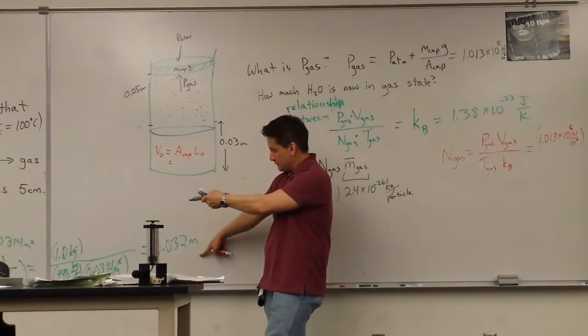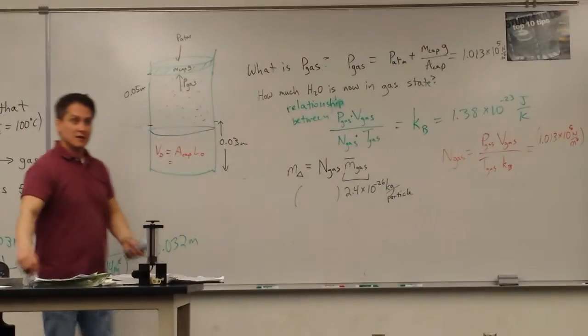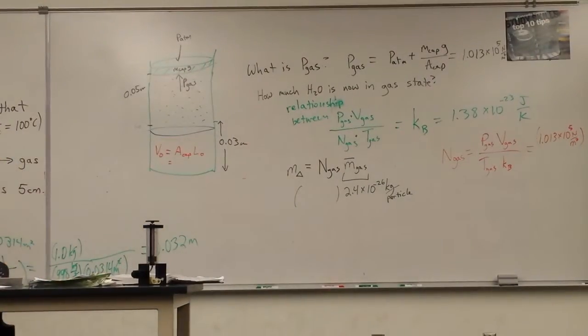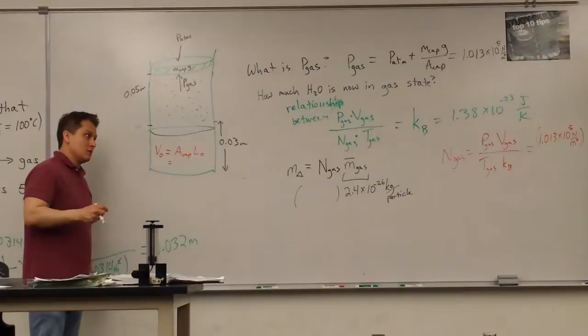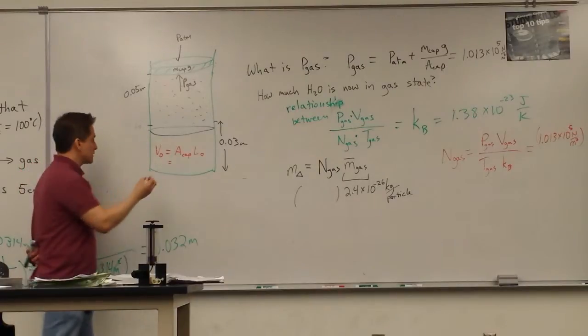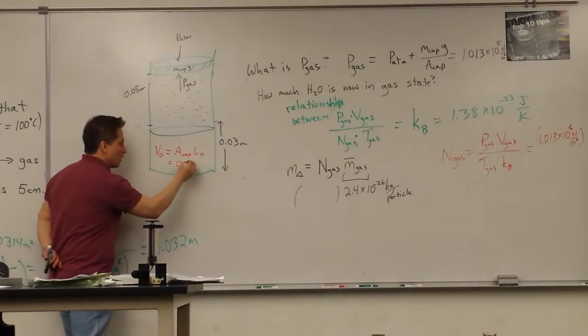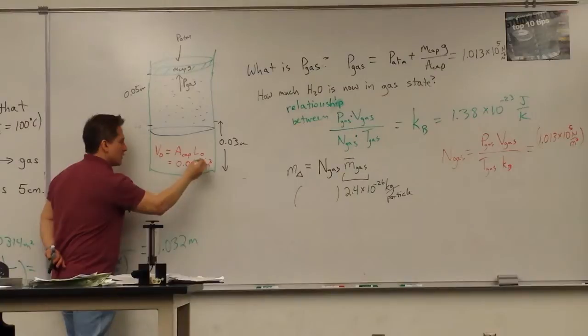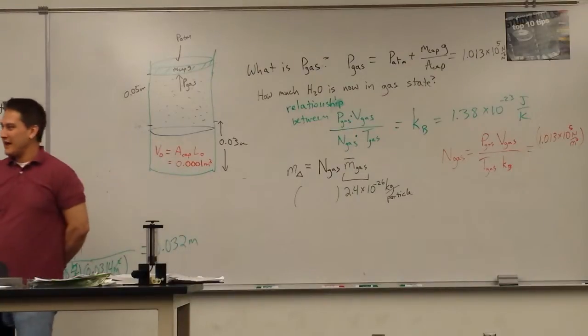So it's about 1/1000 of a cubic meter? Yeah. Okay, it's about 1/10 of a liter. Well, it's not insignificant, but it's pretty small. So it's about 0.0001 meter cubed.